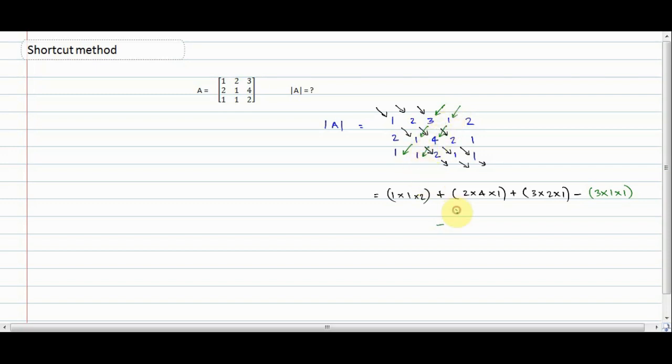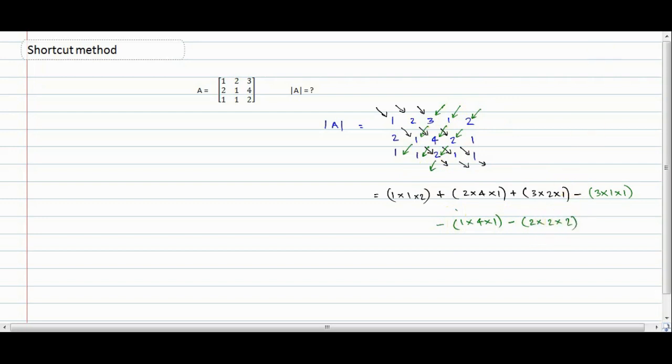So minus 1 into 4 into 1. Minus the third off diagonal is this one, 2, 2, 2. So minus 2 into 2 into 2.